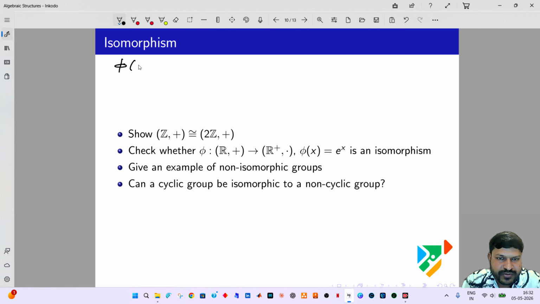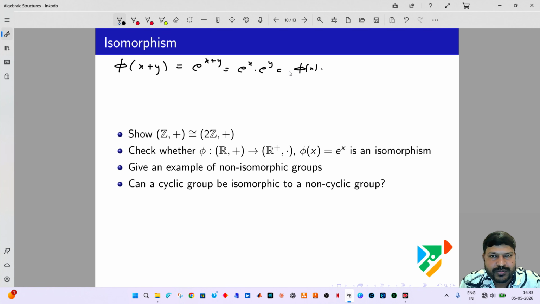So what is phi of x plus y, where x and y are both real numbers? This is equal to exponential of x plus y, which is equal to exponential x into exponential y. What will be the preimage of exponential x? Phi of x. And what will be the preimage of exponential y? Phi of y. So you see that the property of homomorphism is satisfied here.